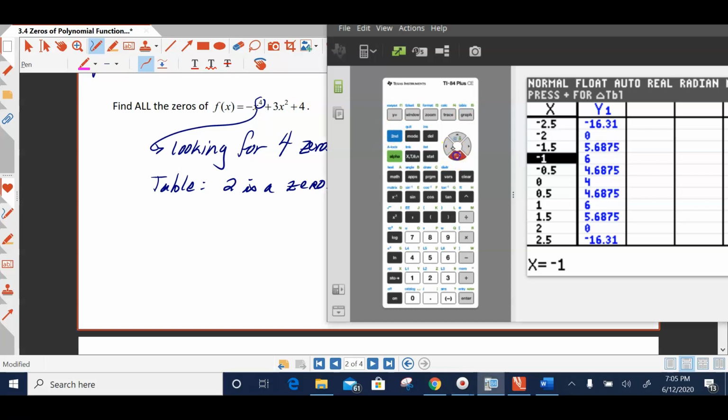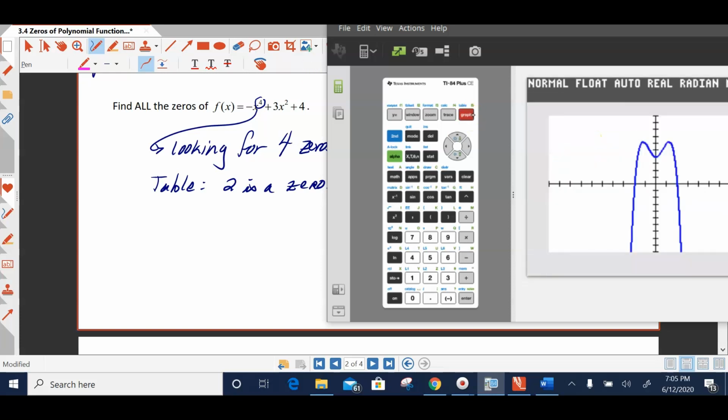And as I scroll along, I am finding 2 zeros. Remember when you got a 0 in the y position, that means you have found some zeros. So I got one at positive 2 and negative 2. So it's a good idea to scroll through your x values to see where those zeros might be.